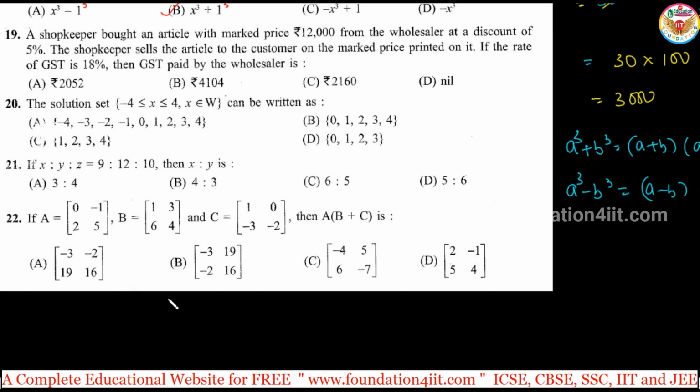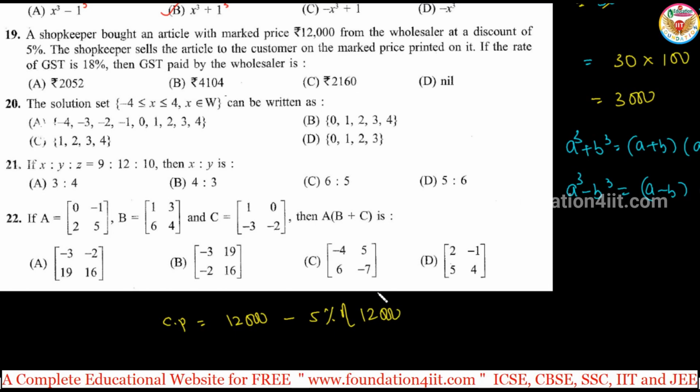So first, for how much price he purchased, so cost price we'll find out. From 12,000 minus 5% discount. So 5% of 12,000, this we'll find out. So the shopkeeper bought with market price from the wholesaler. That means the wholesaler sold.